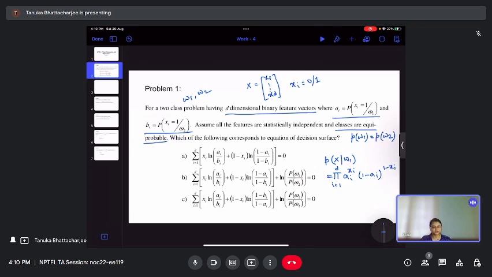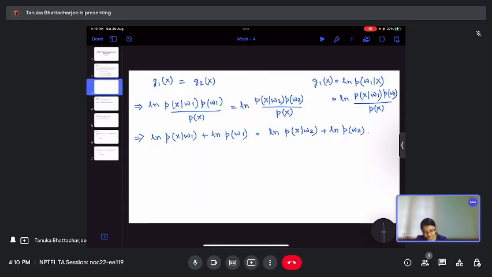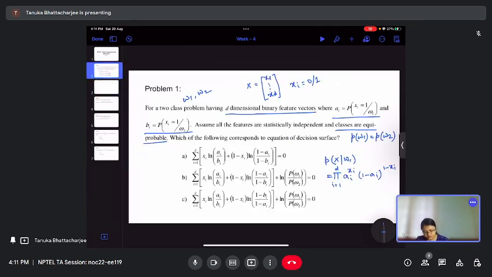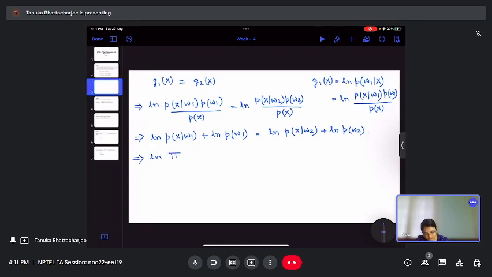So if we put this expression here, it is basically plus ln of p of omega 1, equal to ln of the product of i equal to 1 to d.